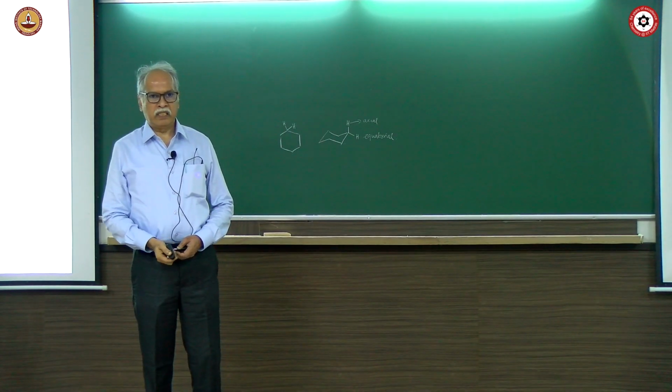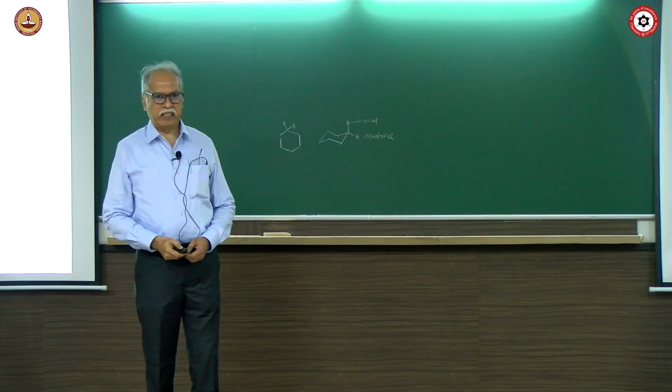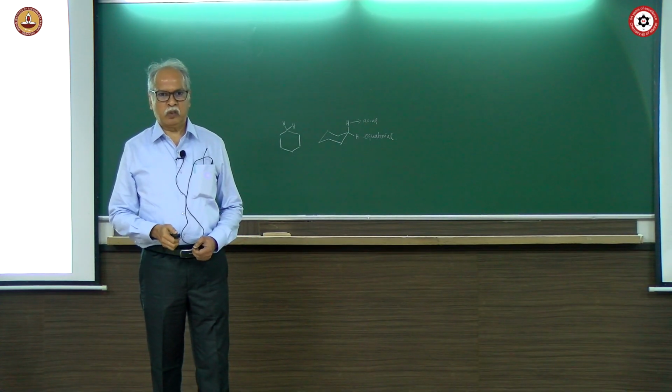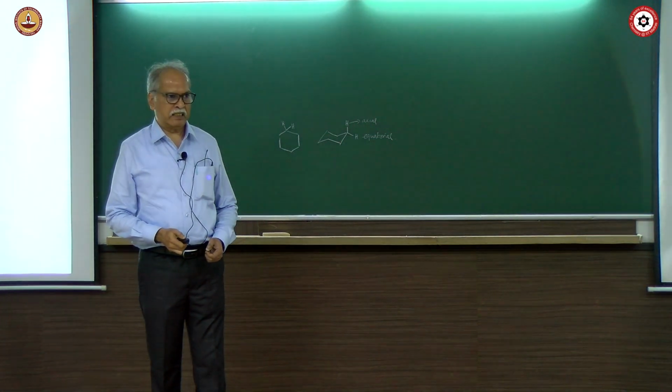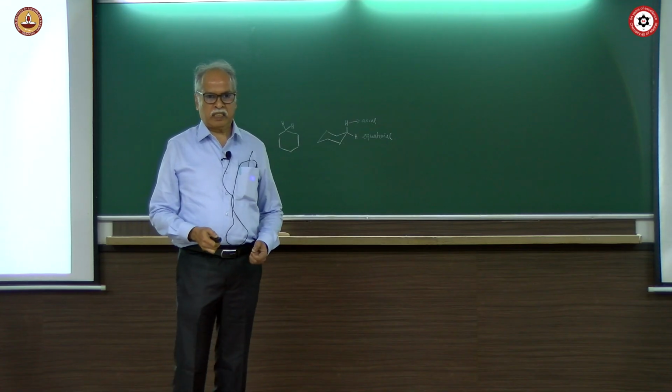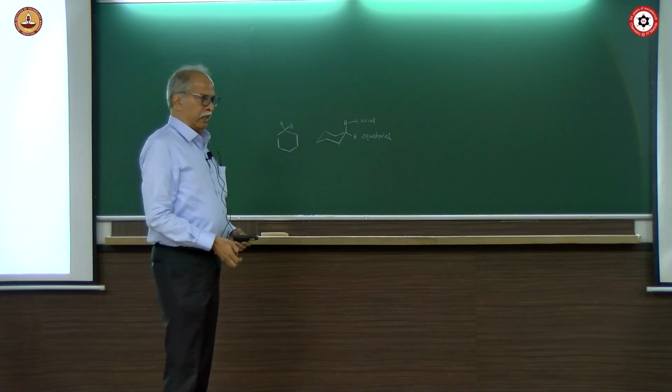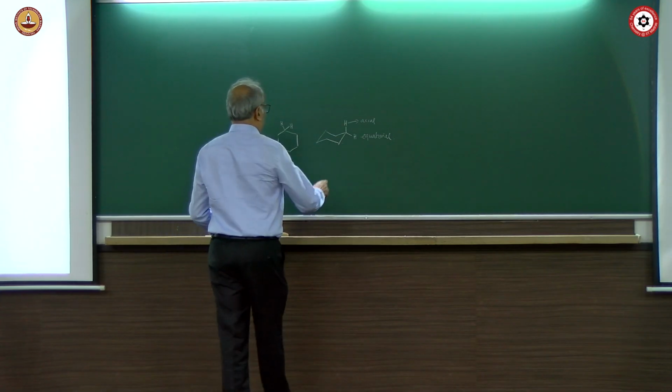So there is a difference between the two hydrogens, and if NMR spectroscopy can tell us there are two types of hydrogen in cyclohexane, that is sort of a proof for the structure of cyclohexane in the chair form.